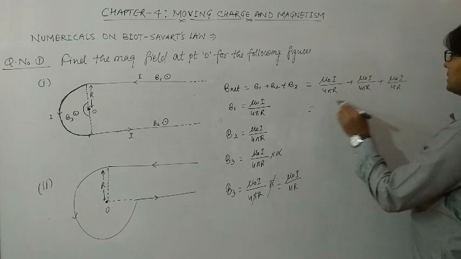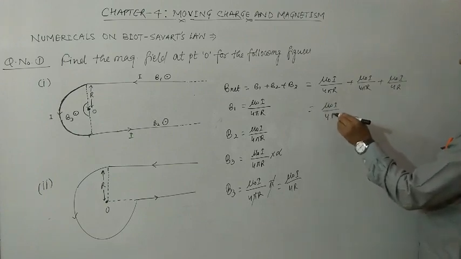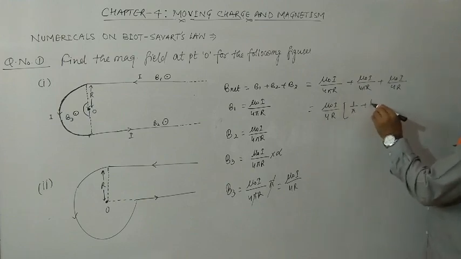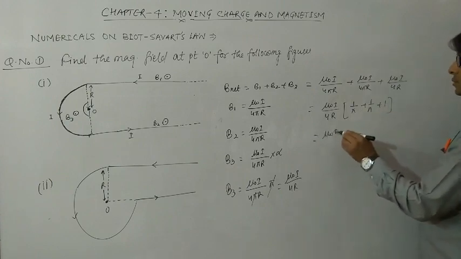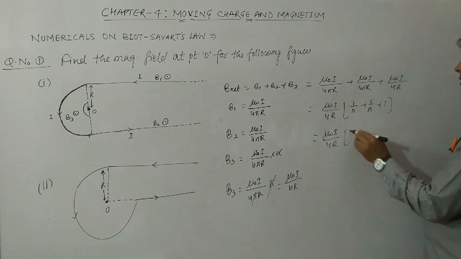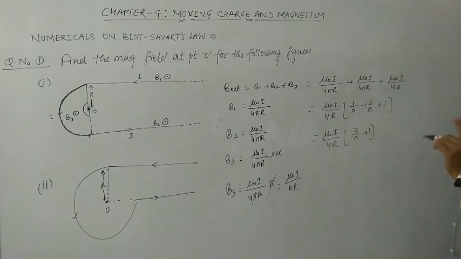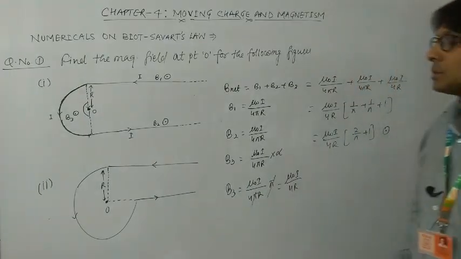Now we can take mu 0 I upon 4r as common, so it becomes 1 upon pi plus 1 upon pi plus 1, and it can be written as mu 0 I upon 4r into (2 upon pi plus 1), and the direction of magnetic field will be perpendicularly outward. So that is the solution of the very first part of this question.